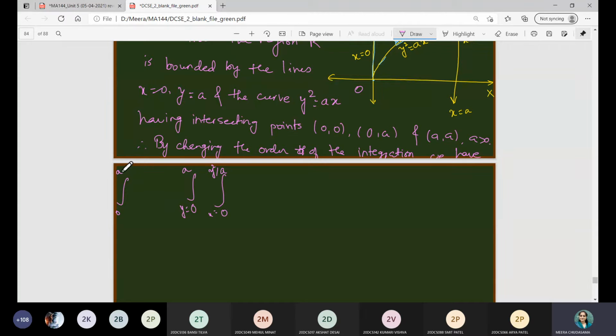I will write it with small letters because the integrand is taking too much place in that case. So square root of ax to a, y square, square root of y raised to 4 minus a square x square dy dx is equal to.